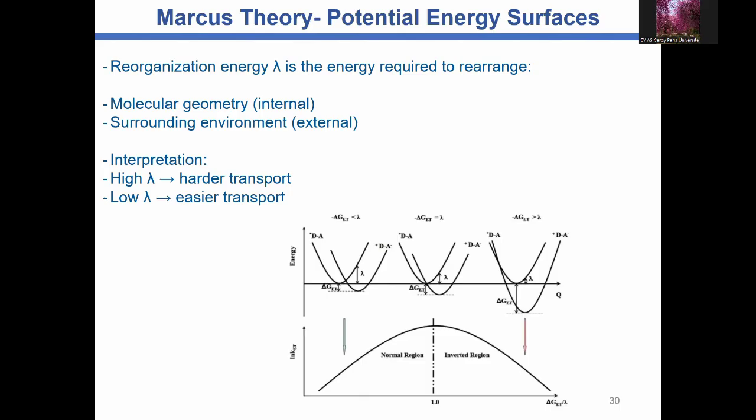And you can think regarding transport, if you have a high lambda, you have a configuration that is harder to transport because it is difficult to reach this state. And if you have a low lambda, it could be easier to transport than with a high lambda.